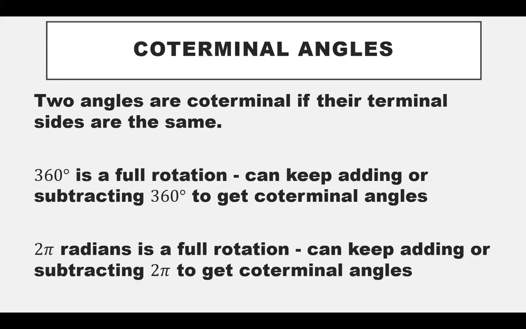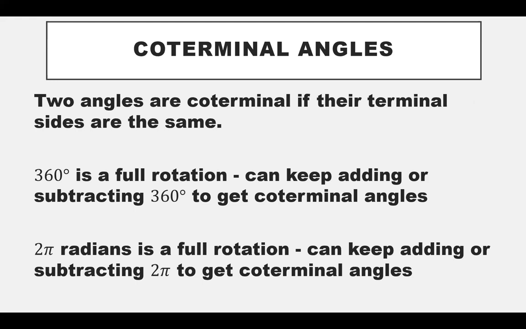And two angles that share the same terminal sides are called coterminal angles. So two angles are coterminal if their terminal sides are the same. In other words, if they're pointing in the same direction.